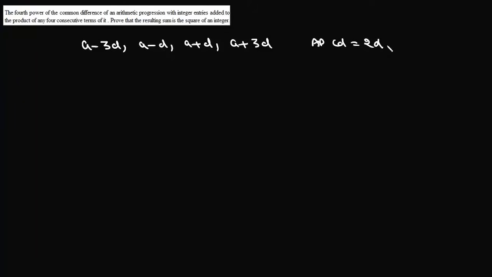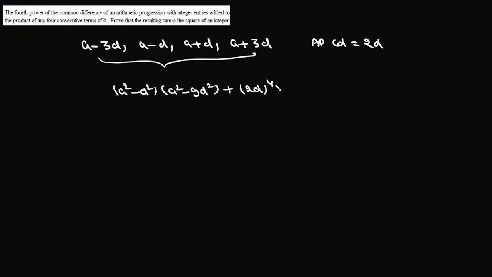Now it says the product of any 4 consecutive terms. So if we multiply them, using a plus b into a minus b, we can write a square minus d square into a square minus 9d square, and then we are going to add the fourth power of the common difference. So the fourth power of the common difference will be 2d to the power 4.